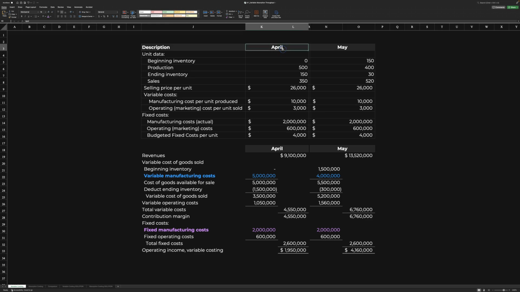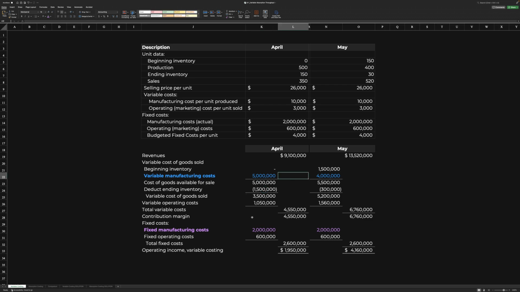Before we move on to do absorption costing, I'd like to bring something to your attention. Let's take a look at the month of April. You'll notice the business produces 500 units, but sells 350 units. Under variable costing, all of the fixed costs are expensed in the period. So in a scenario like this, operating income is going to be lower because the fixed cost associated with the higher level of production do not end up going to ending inventory.